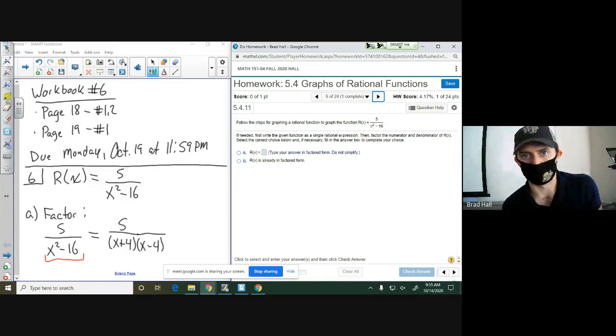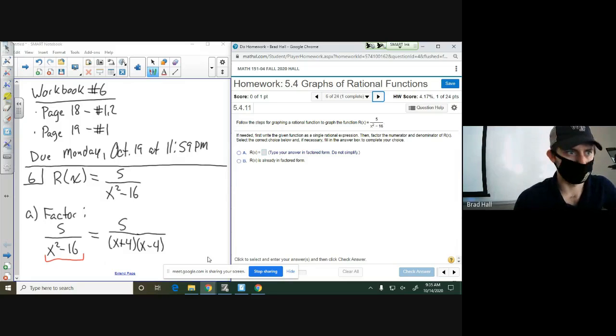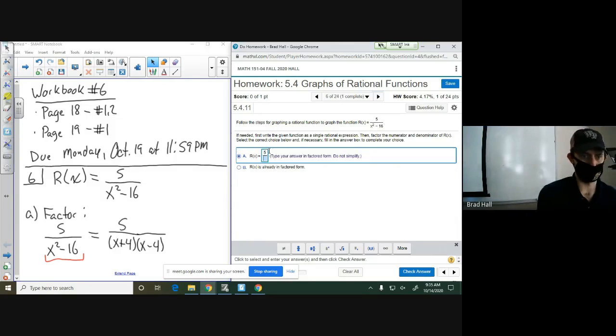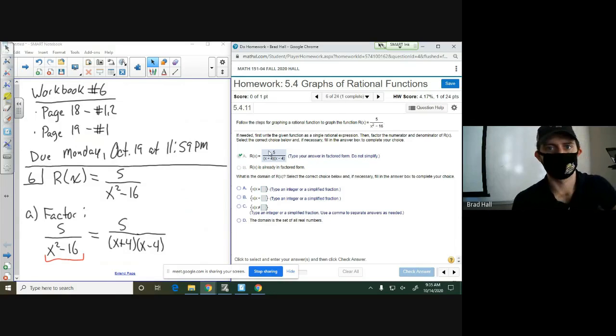The reason I choose 4 is because that is the square root of 16. So that is the factored form here. We factored out the denominator, and if the numerator could have been factored, we would have attempted to factor it as such.